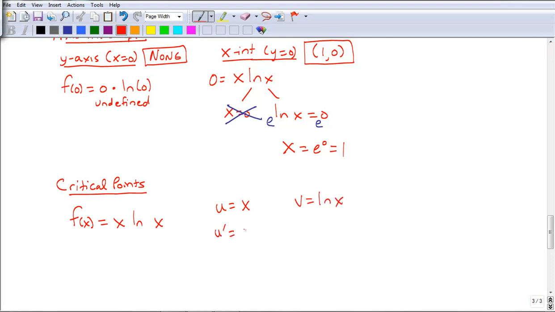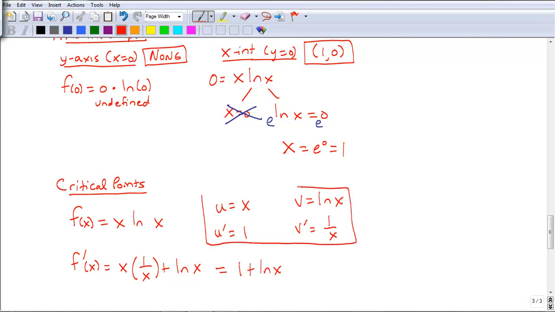U will be x and the derivative is 1. V is the natural log of x, so the derivative is 1 over x. So when I calculate the derivative using the product rule, I get u times v prime, x times 1 over x, plus v times u prime, which is ln of x. So this simplifies into 1 plus the natural log of x. That's the first derivative.